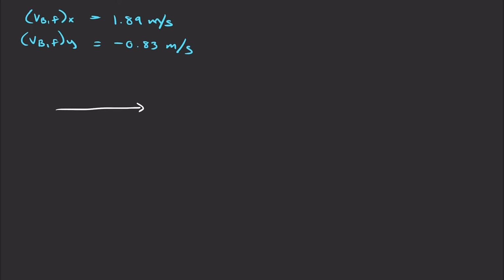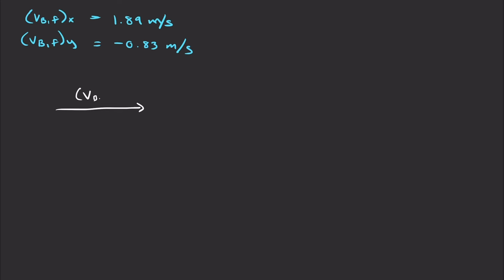So now that we have both VBFX and VBFY, we can find the magnitude and direction. So we can use the Pythagorean theorem. First, I want to draw my triangle. So it has a positive x component.